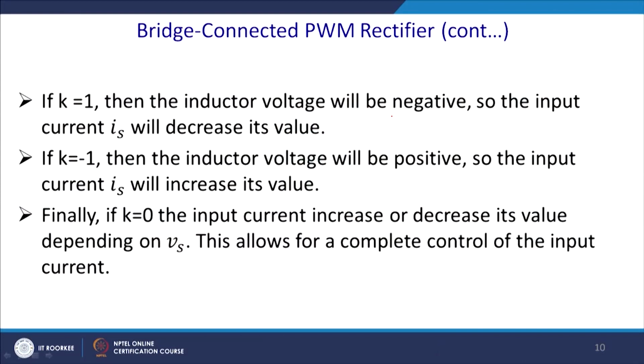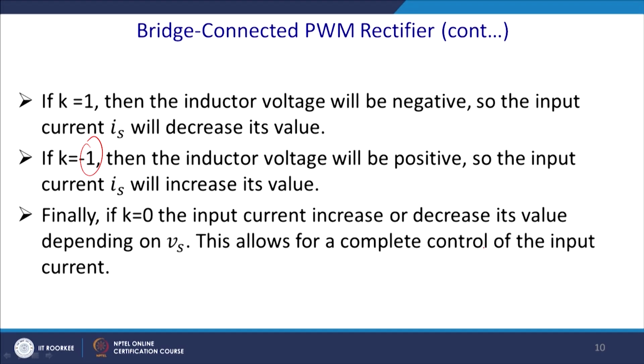So, if K equal to 1, then the inductor voltage will be negative, so the input current I s decreases its value, and when it is minus 1, then the inductor voltage will be positive, so the input current I s will increase its value. If K equal to 0, then the input current increases or decreases its value depending on the sign of V s, that is, whether it is a positive cycle or a negative cycle, and this allows us to control the input current.